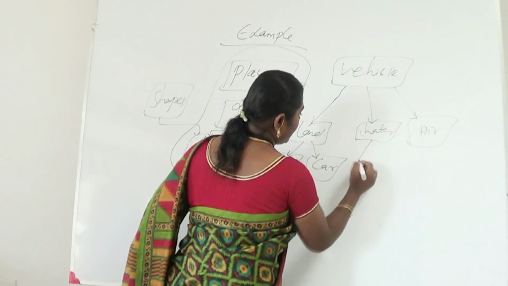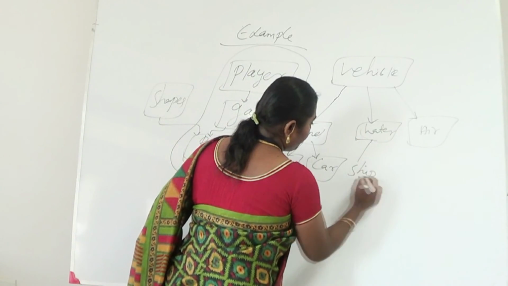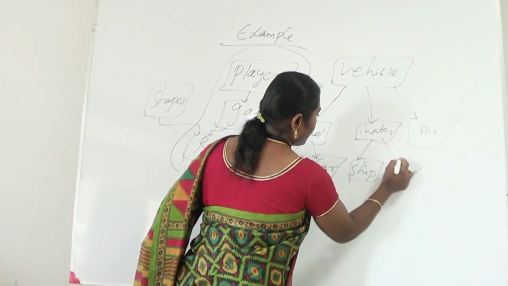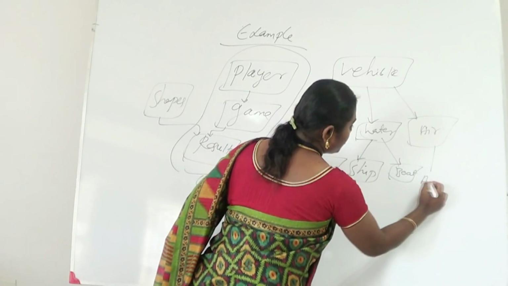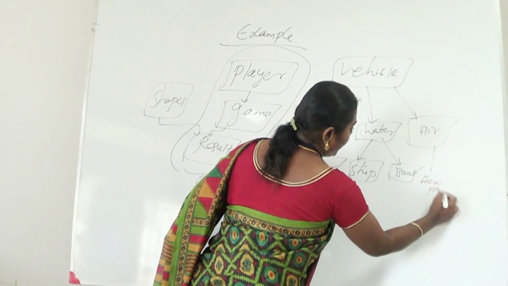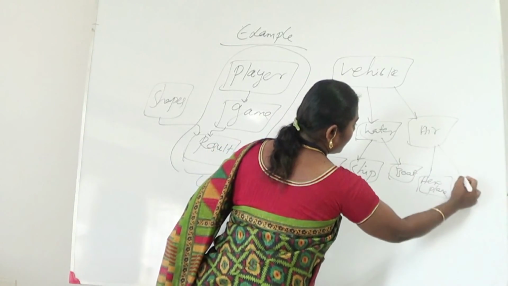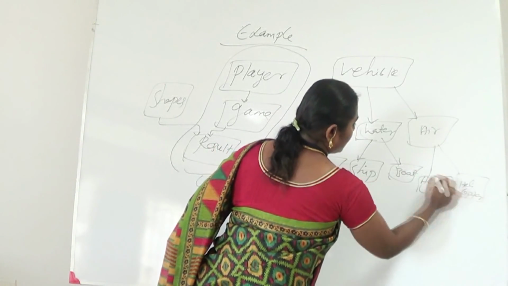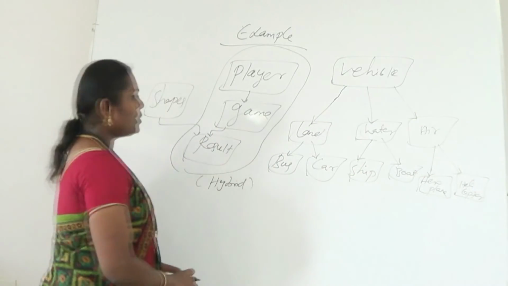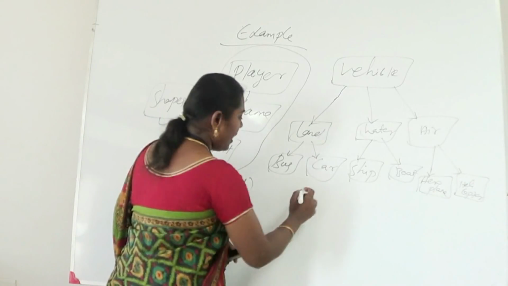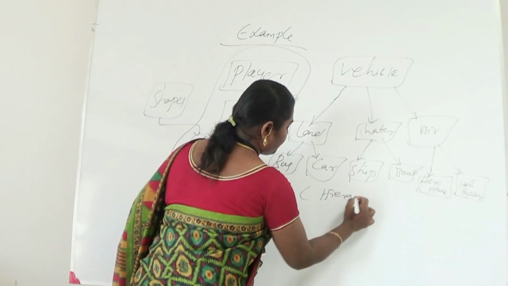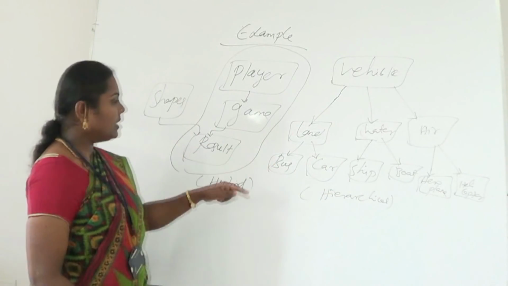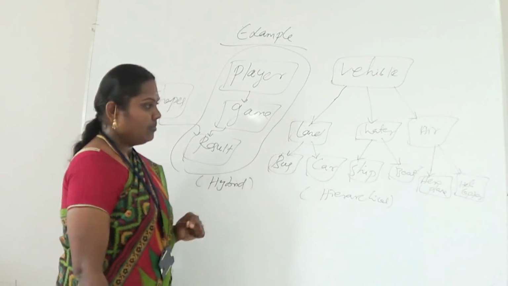If it's a water vehicle, we have to specify either ship or boat. If it's an air vehicle, we have to specify either aeroplane or helicopter. So likewise we specify the example for hierarchical inheritance. So here we are going to maintain the tree structure.